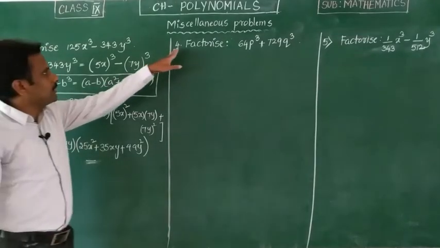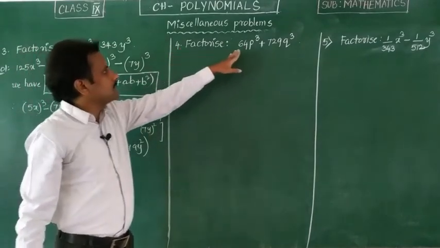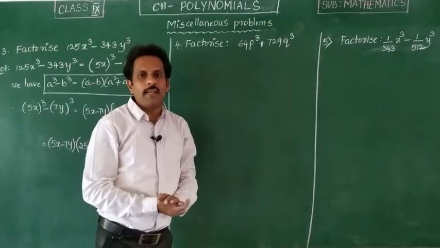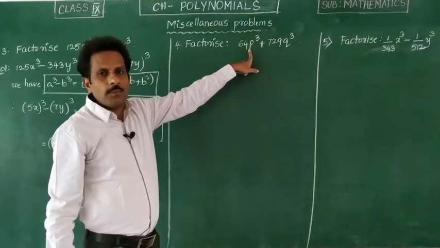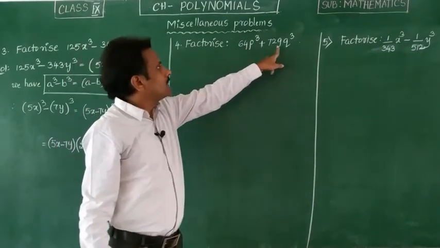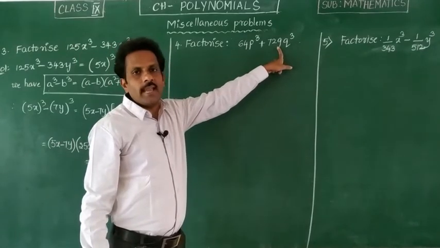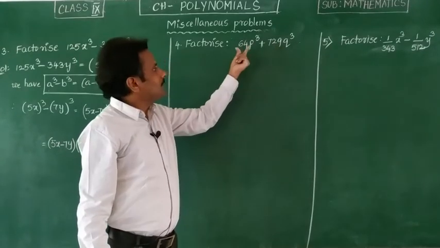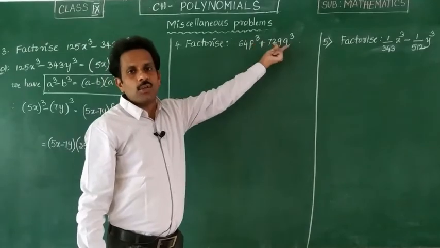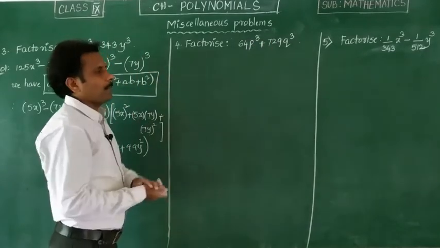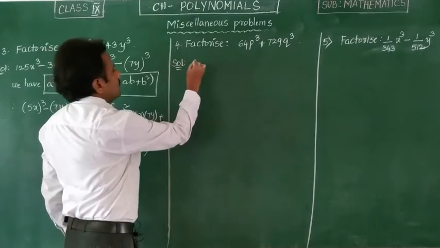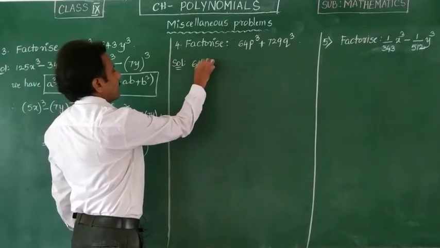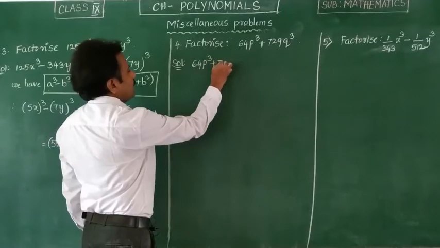Now let us observe the fourth problem, that is factorize 64p cube plus 729q cube. If you observe here also, 64p cube can be written as 4p whole cube, and 729q cube can be written as 9q whole cube. That means again we get the a cube plus b cube form, so we need to apply that identity. Let us write the given one, 64p cube plus 729q cube.